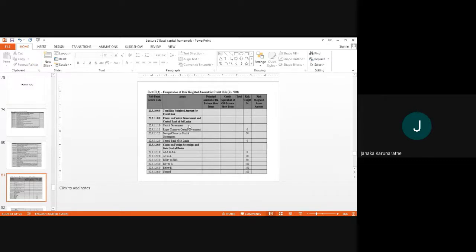A 500 million exposure to an overseas government which has a rating A. Can someone tell?